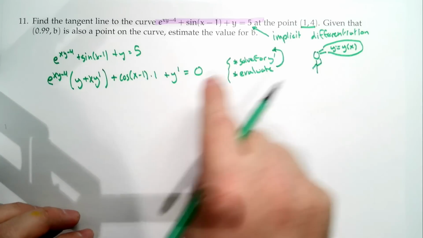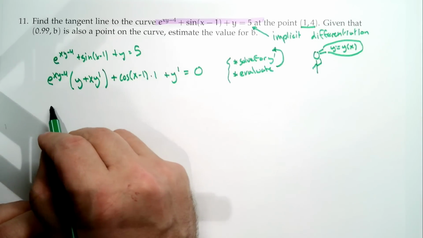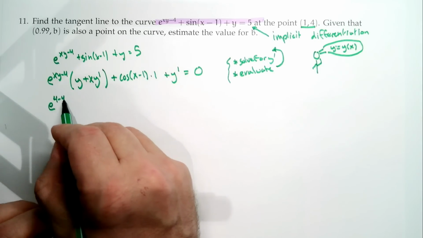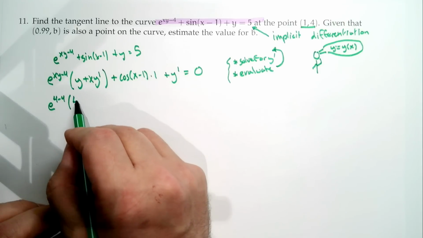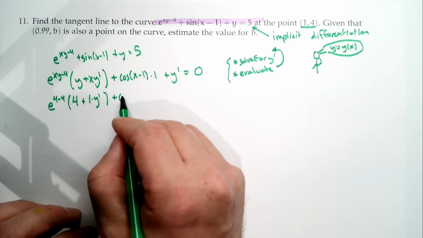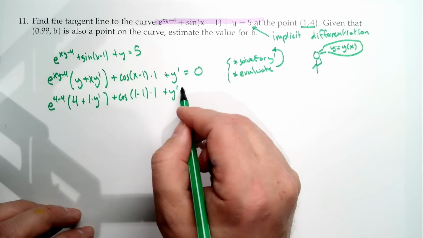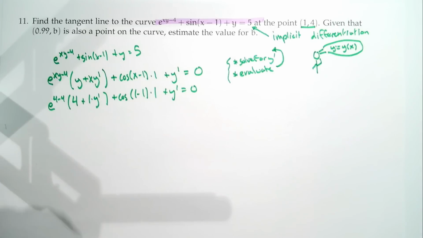All right. So we plug in x equals 1, y equals 4. So we're going to get e to the 4 minus 4 times 4 plus 1 times y prime plus cosine 1 minus 1 plus y prime. Because I don't know what y prime is. That's what I'm solving for.